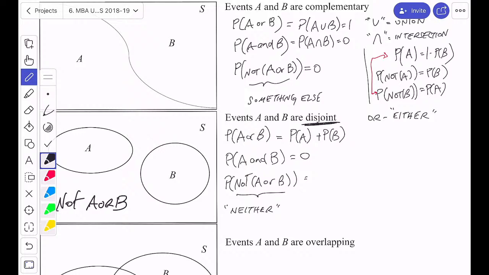Do I know what the probability of not A or B is? Could I figure this out here? How could I figure that out?